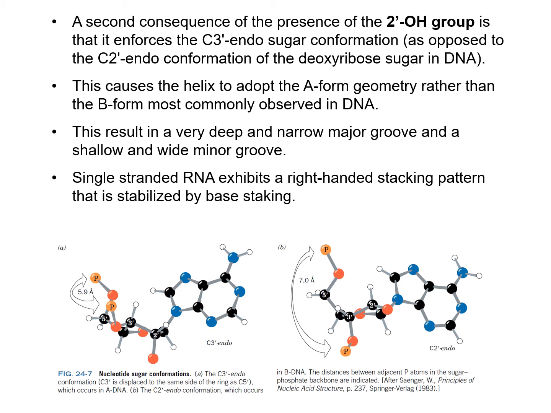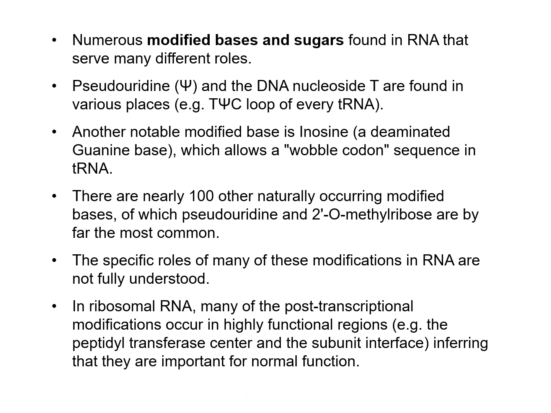And single-stranded RNA exhibits a right-handed stacking pattern that is stabilized by base stacking too, which is enforced by the van der Waals force. There are also numerous modified bases and sugars found in RNA that serve many different roles.